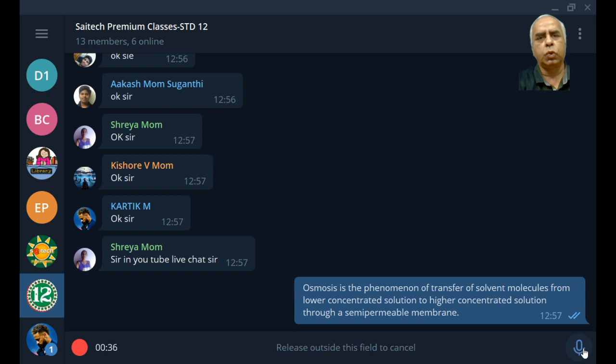When these two solutions are separated by a semi-permeable membrane, the solvent from the lower concentration moves through the membrane to the higher concentration side. This transfer continues till both concentrations are equal. This phenomenon is called osmosis.